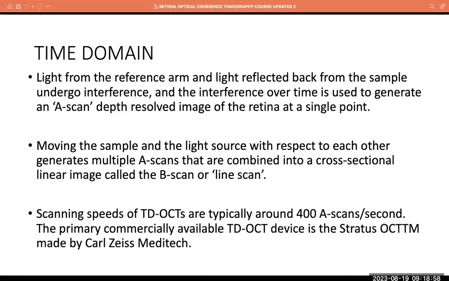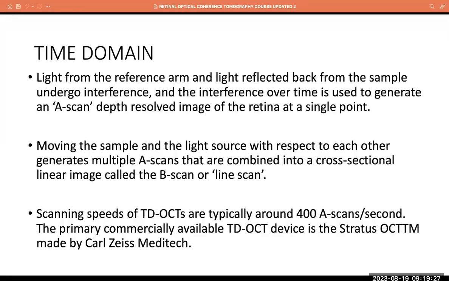The light source will generate an interference pattern. But this time domain has a lot of noise. We call them artifacts, and it's slow. The scans were 400 A scans per second, but they were the deal breakers. They were the first ones that came into play, so they opened the world of opportunities for which the next ones came in.